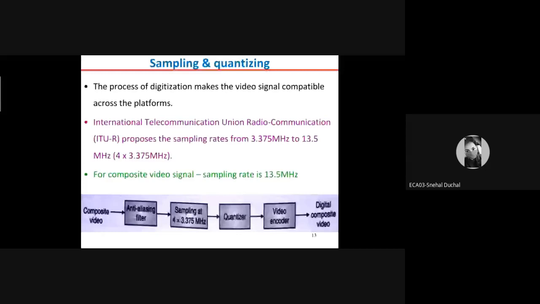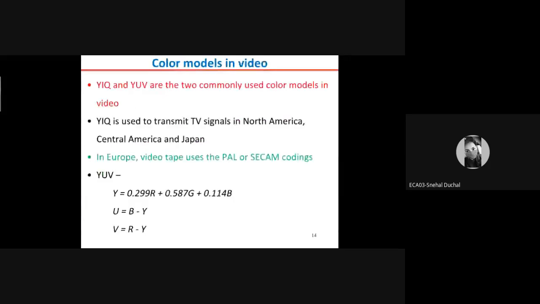Here we can use a sampling rate from 3.37 megahertz to 13.5 megahertz. For the composite video signal, the sampling rate is maximum 13.5 megahertz. By using this sampling rate, we can obtain digital videos.